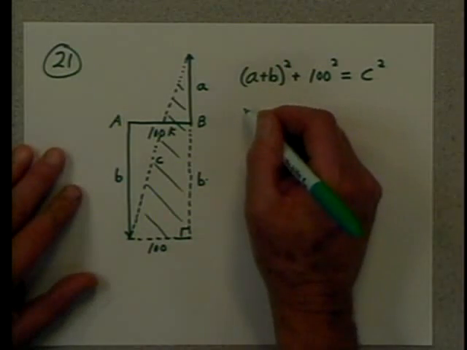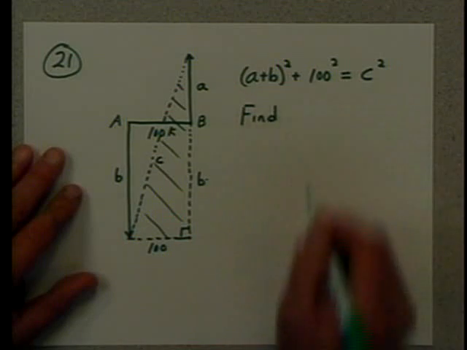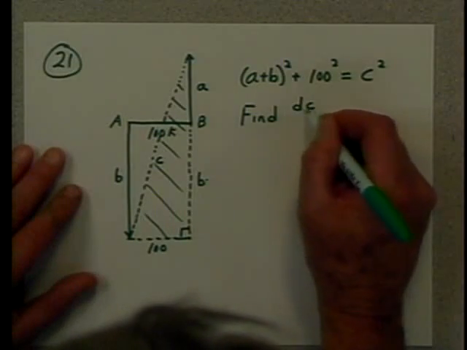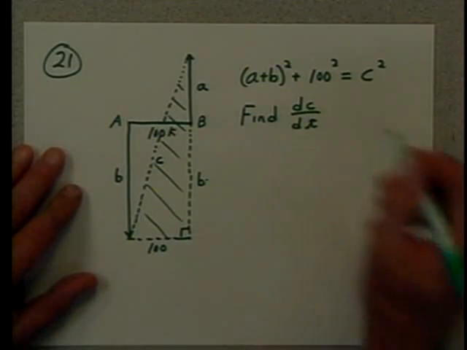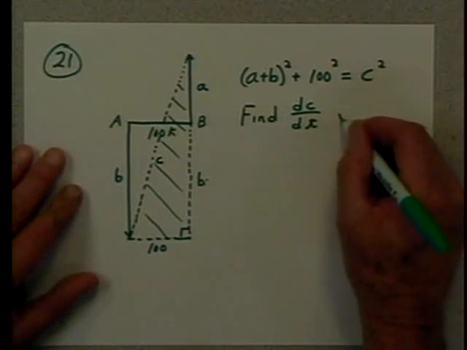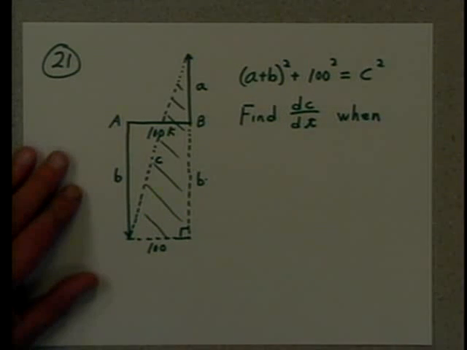Okay, the next step is use symbolic language to describe the problem. So first, what do I want to find? Using your picture. Yes, I want to find dC/dt, the rate at which C is changing with respect to time. And when do I want to do this? 4 hours.